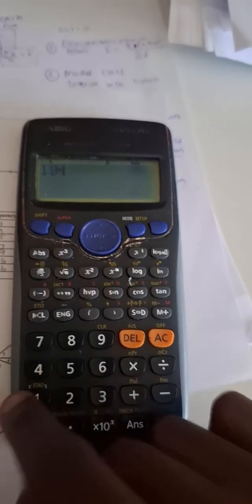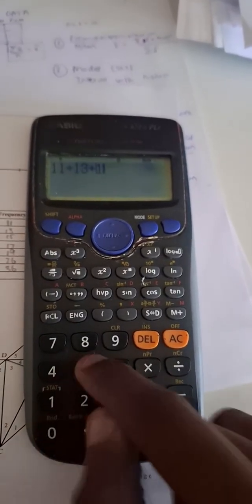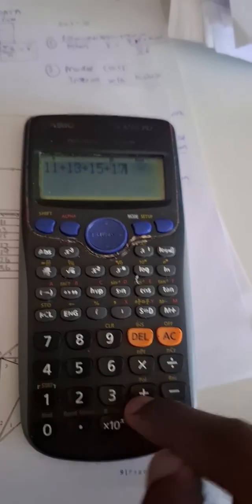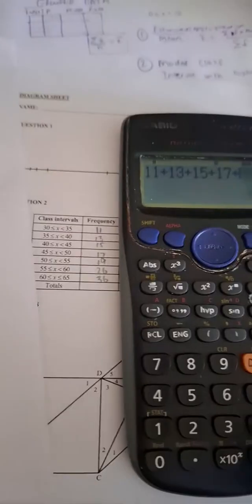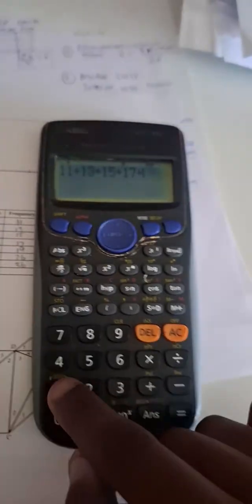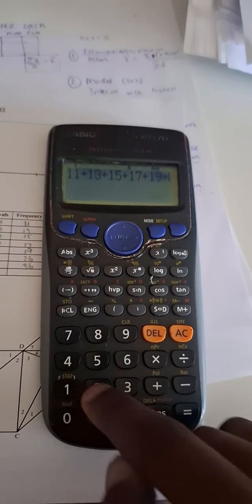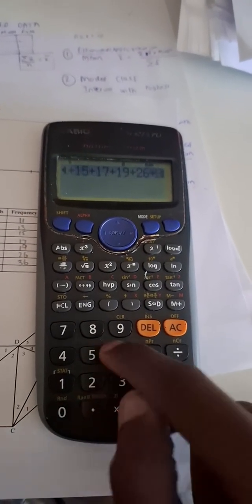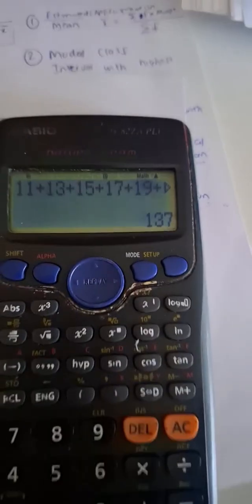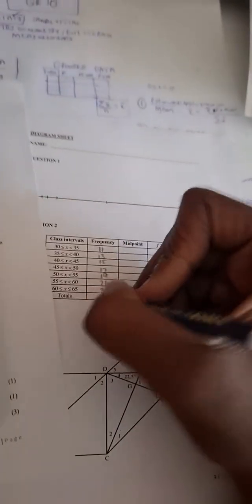We have 11 plus 13 plus 15 plus 17 plus 19 plus 26 plus 36. We get 137. That's the total frequency. Very important to have the total frequency, 137.